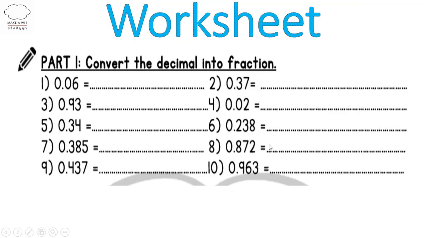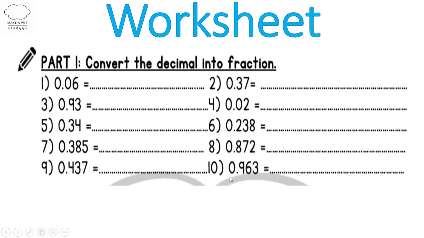Oh, very easy. Okay, and right now, everybody look at this. Worksheets. It's time to do the worksheet. There are a lot of parts in the worksheet. Look at part number 1. Part number 1, convert the decimal into fraction, number 1 to number 10.